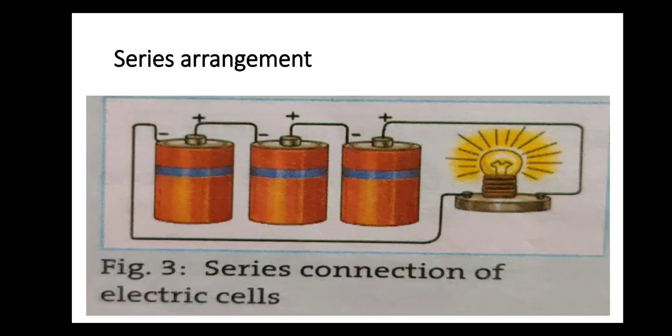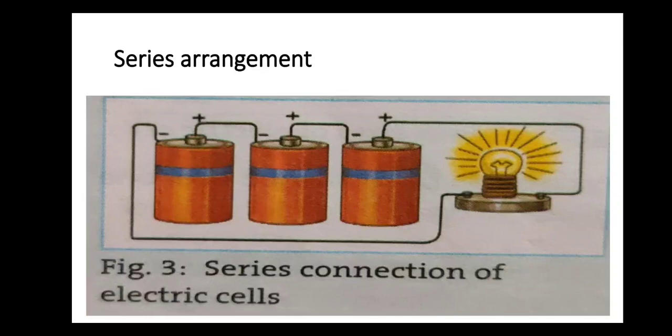In this figure, the positive terminal of one electric cell is connected to the negative terminal of the other cell, and the positive terminal of the second cell is connected with the negative terminal of the third cell. The two remaining terminals are used for the connection to the appliance only. In this way, you can connect the series arrangement.